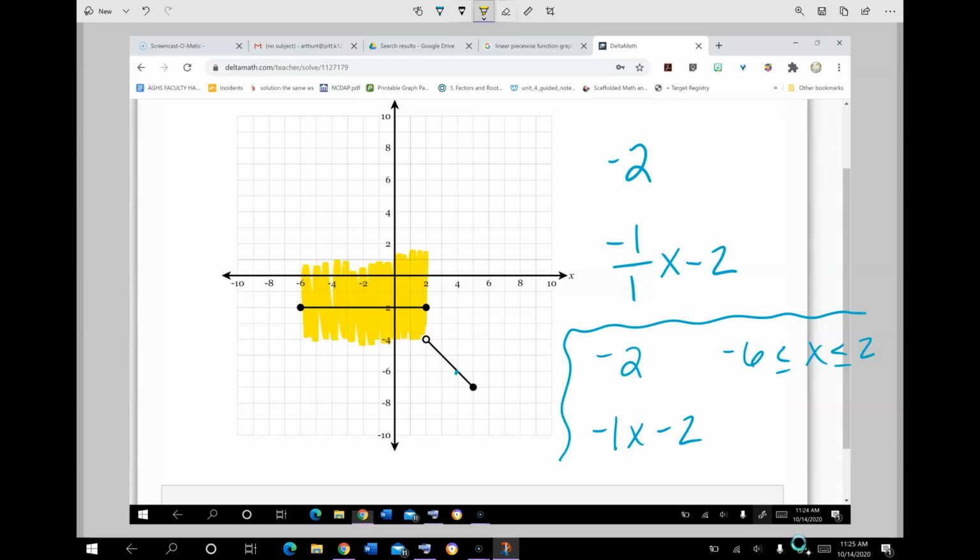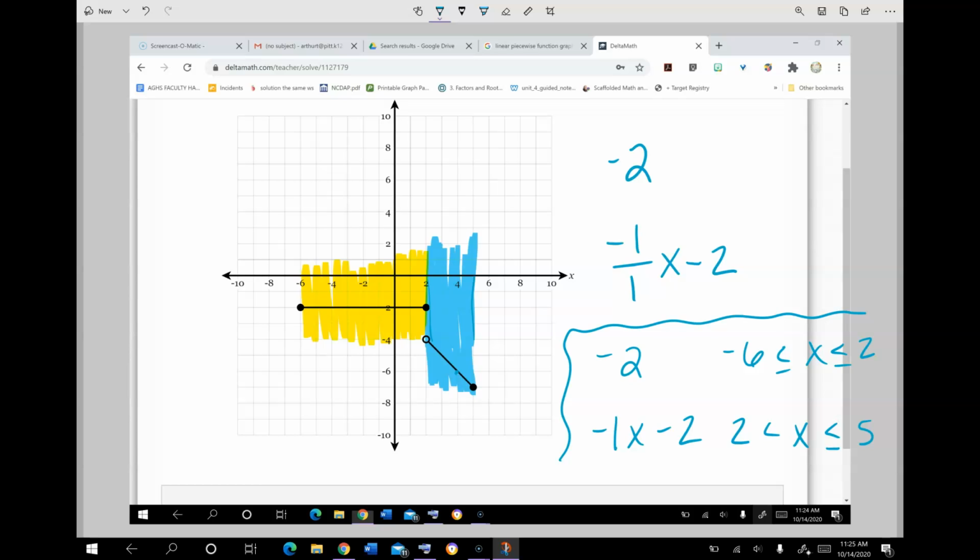The second equation is between 2 and 5. That's why I highlight the x-axis. I don't know why I stopped doing that. Between 2 and 5, so you guys can see it. X is less than. The first one's open, so we leave it alone. But the second one's closed, and it gets a bar. And that's your answer.